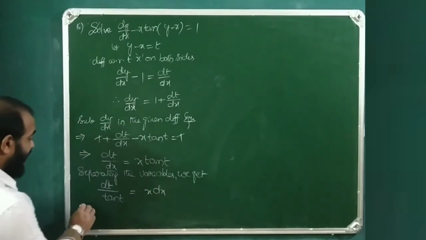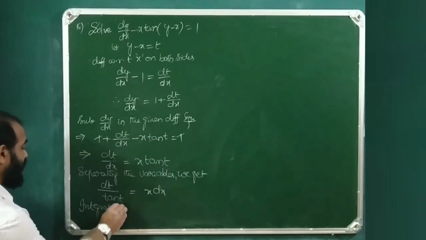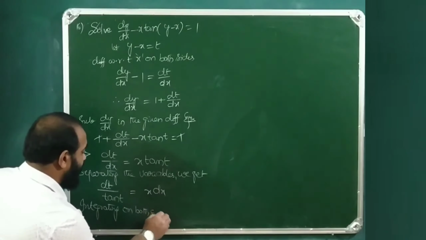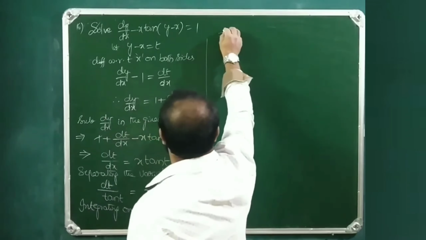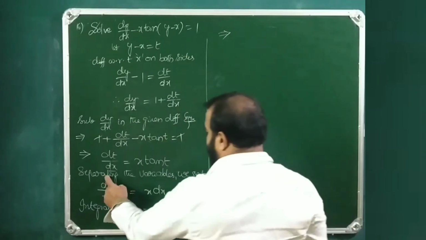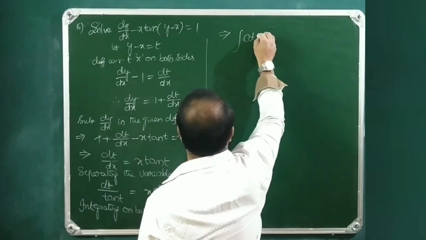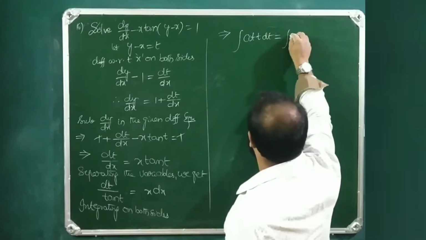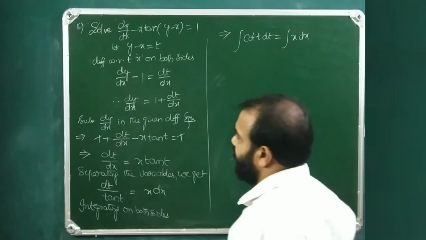So integrating on both sides, we get 1 by tan t is cot t. So integral cot t dt equals integral x dx.